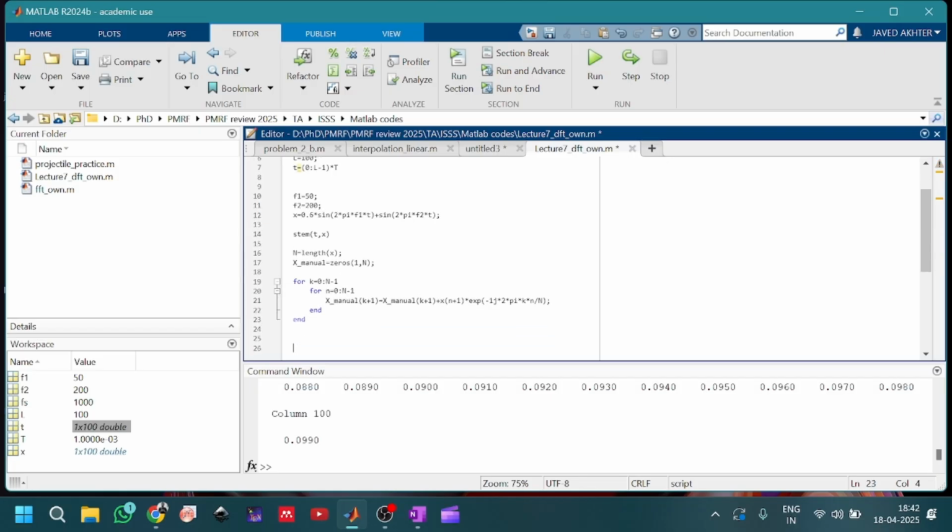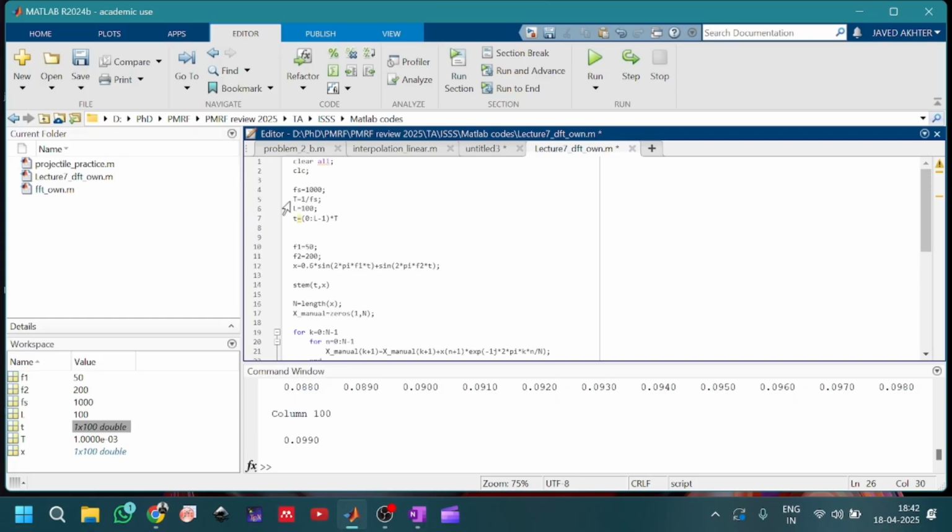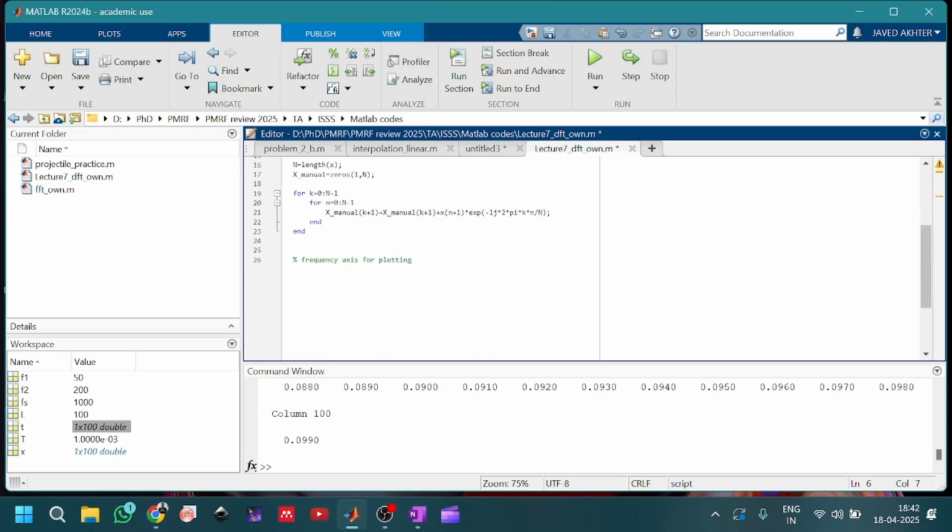Okay, then we have to specify the frequency axis for plotting. So if this is my time data, then when you are converting to the frequency domain, what is the frequency axis?